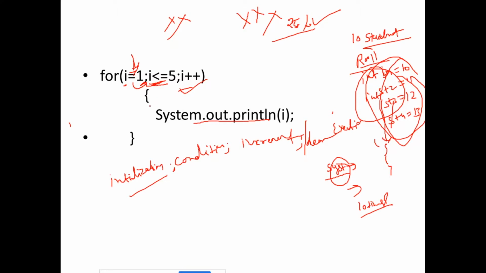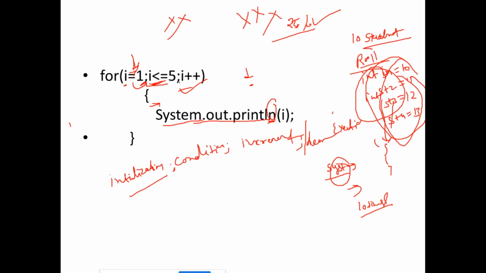If the condition is true, it will come inside the block, and system.out.println will print i, whose value is 1. This ln means change the line, so it will print 1 first, and after printing it comes to the next line just because this ln is there. You can remove this ln and just use system.out.print, right?